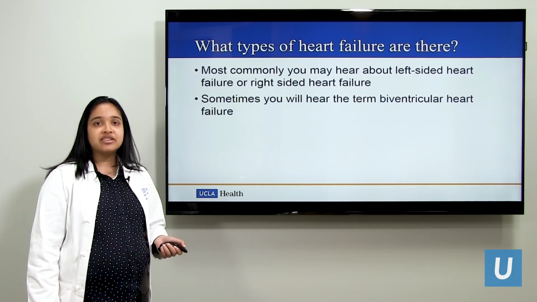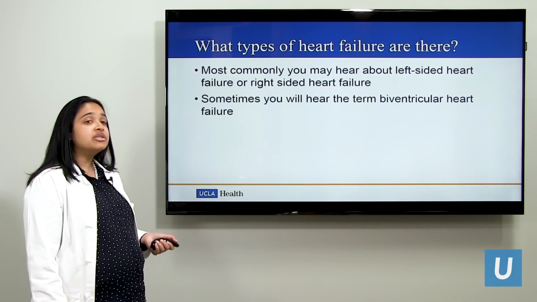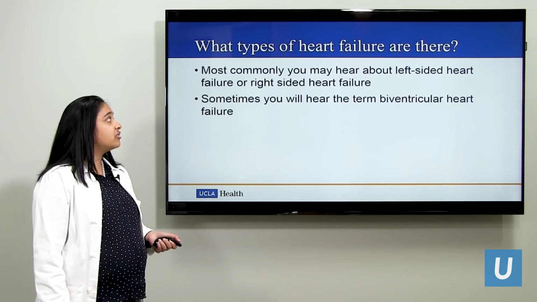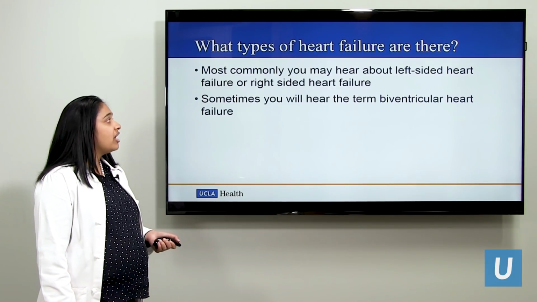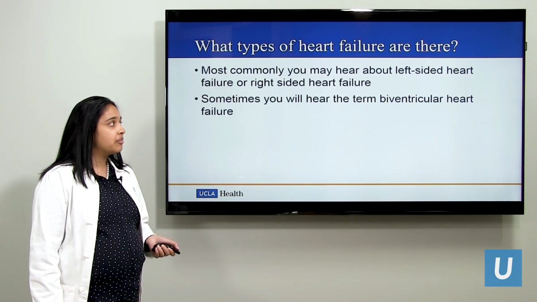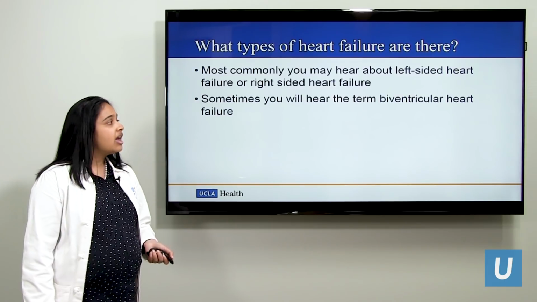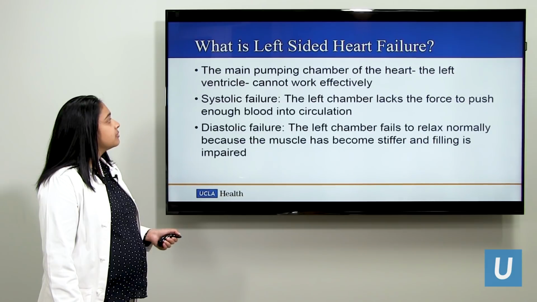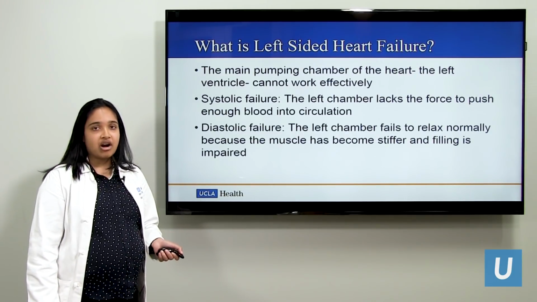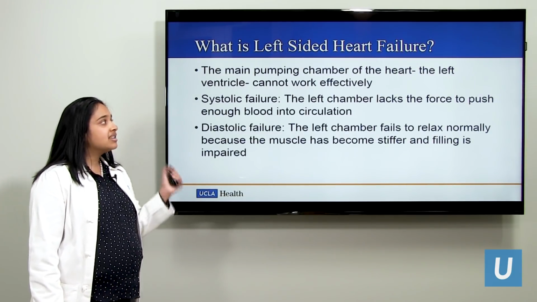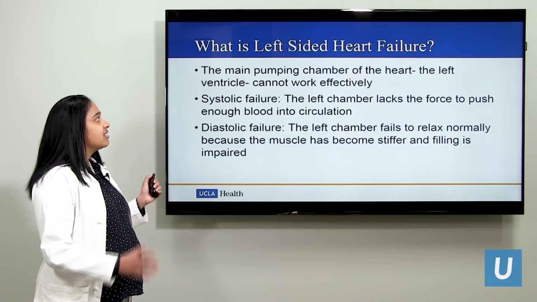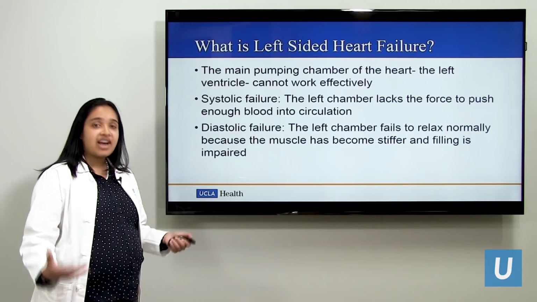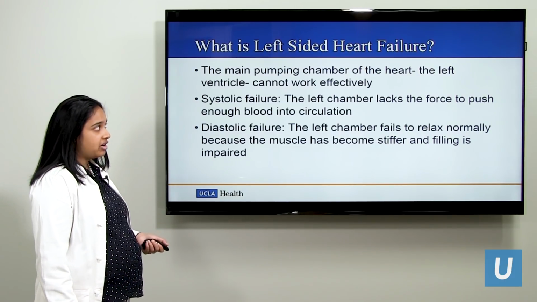So, what types of heart failure are there? Most commonly, you may hear about left-sided heart failure and right-sided heart failure. You may also sometimes hear the third term, biventricular heart failure. And now I'm going to go into a little bit about each one of those. So what is left-sided heart failure? Thinking back to the slide that I showed at the beginning, the left ventricle, the main pumping chamber of the heart, cannot work effectively in left-sided heart failure.